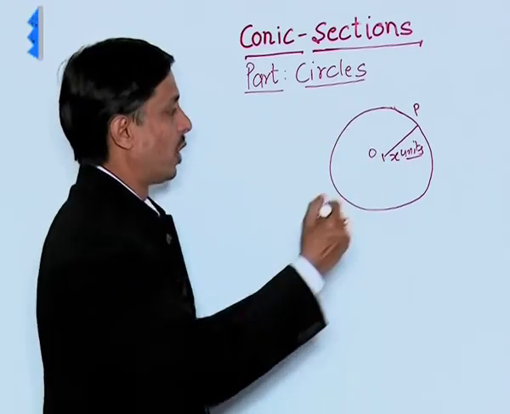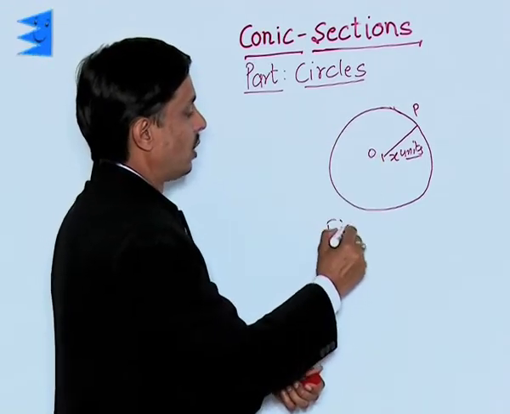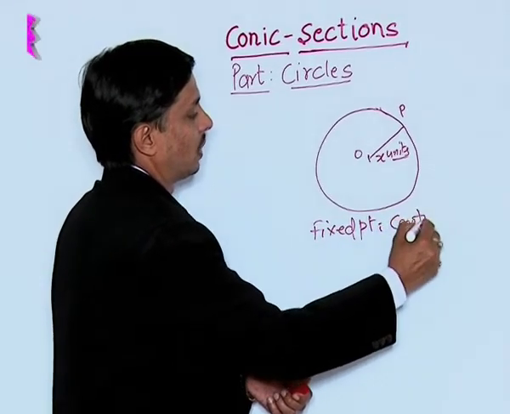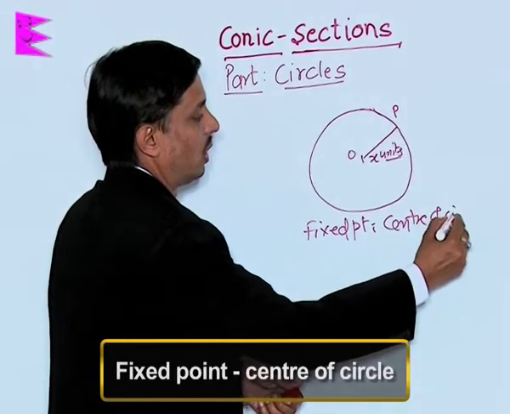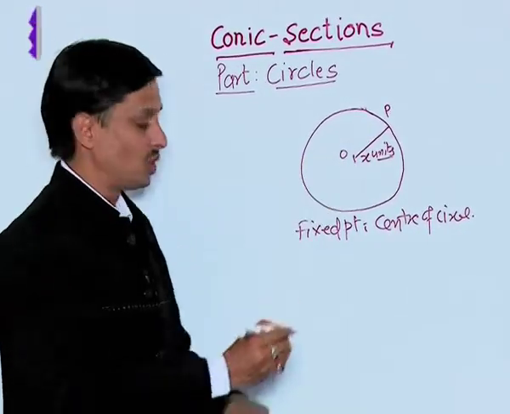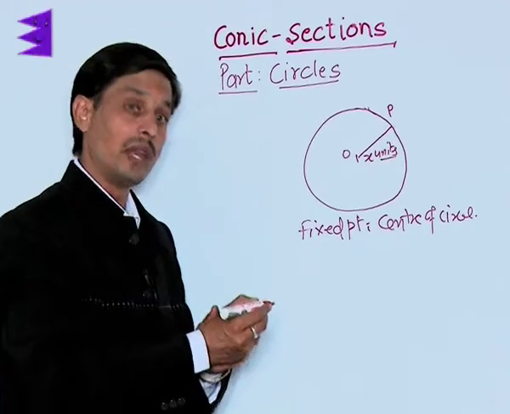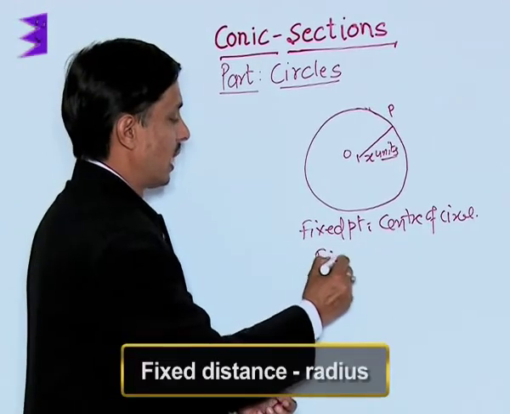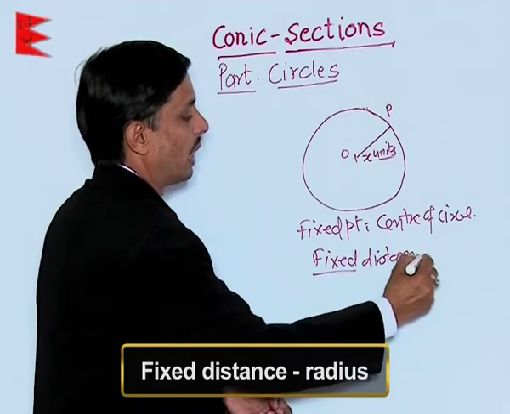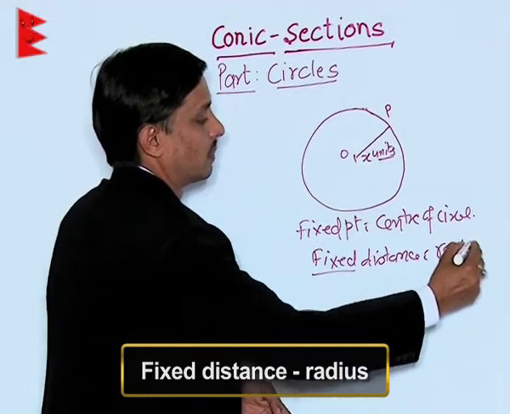This fixed point we call the center of the circle. The fixed distance is known as the length of the radius.